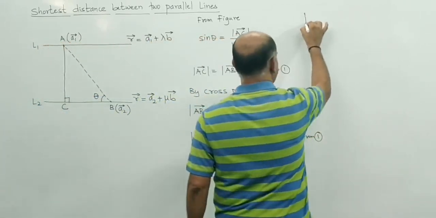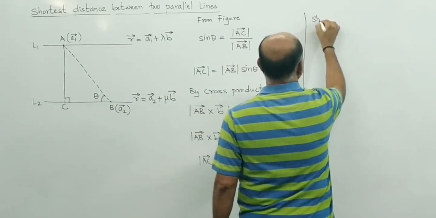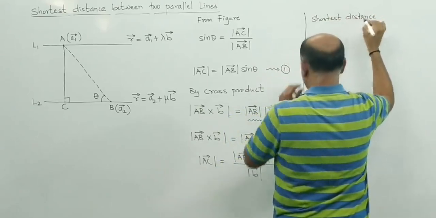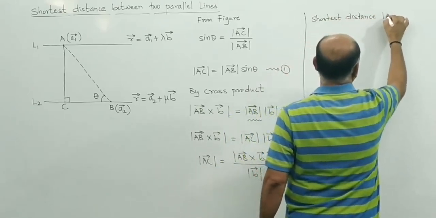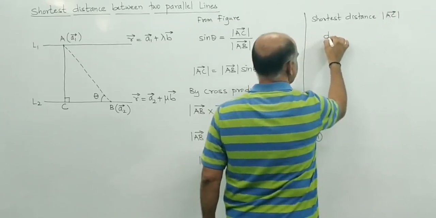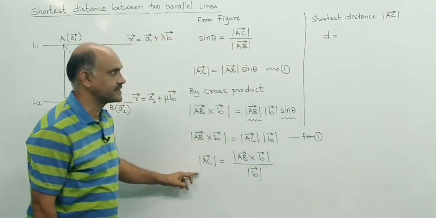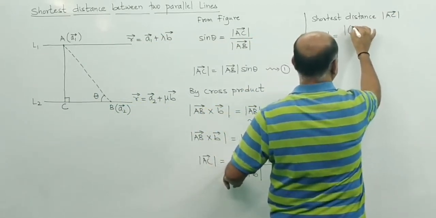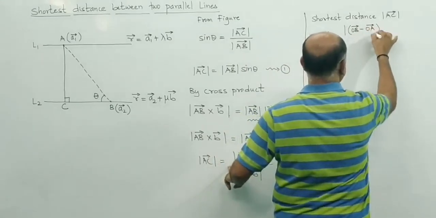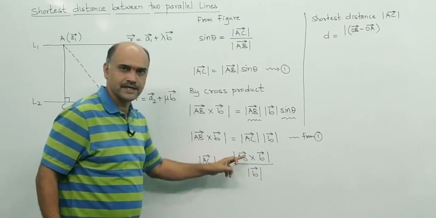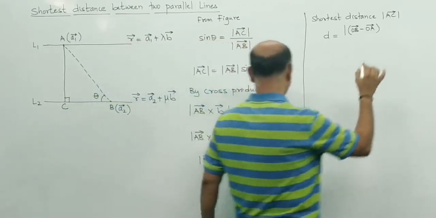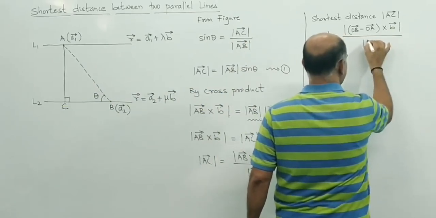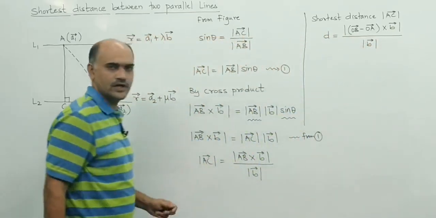So therefore shortest distance, that is magnitude of AC, I will denote it as d, is equal to mod of (OB minus OA) cross b divided by magnitude of b, since by definition AB can be written as OB minus OA.